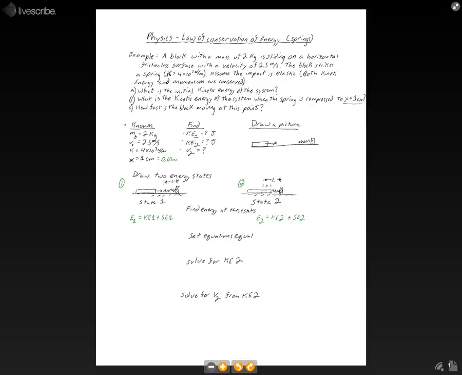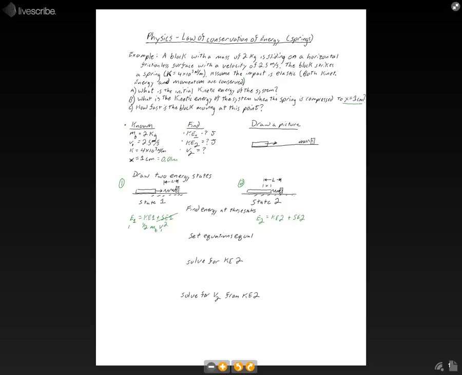Alright. So with this, we can start determining a few things. For KE1, we know that there is no spring energy. And so we can just say KE1 is equal to 1/2 times the mass of the block times the initial velocity squared.